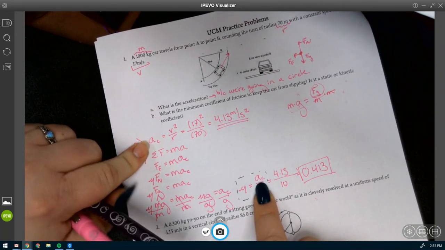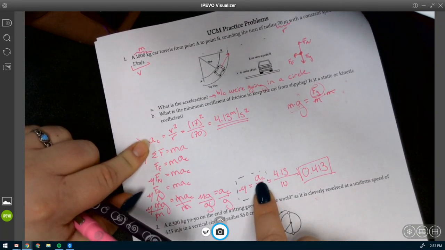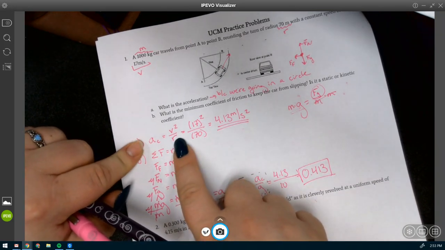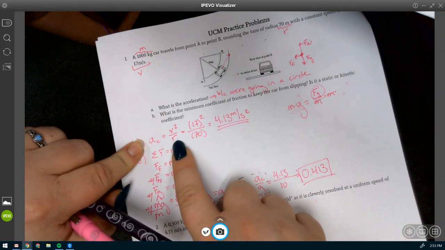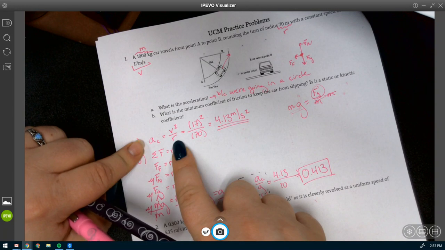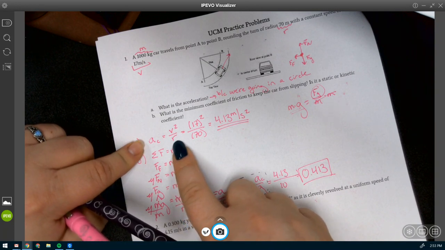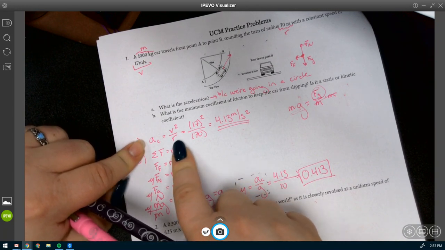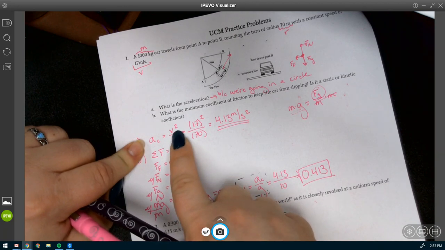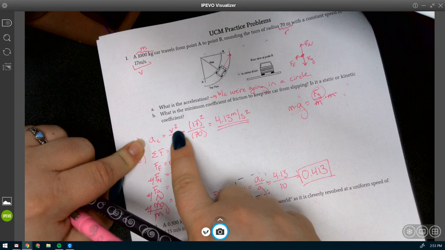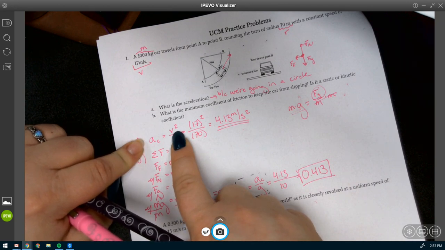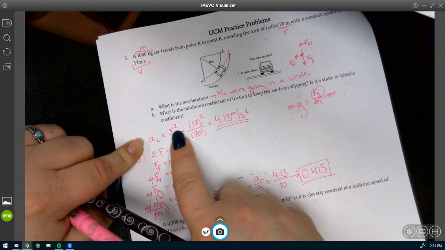But if we look at the centripetal acceleration, in order to make this lower, I can either increase the radius of the turn, but that requires me to apply for lots of permits to the highway department and get them to change the road, or I can lower my speed. Not as fun, but probably more efficient in the long run and faster.